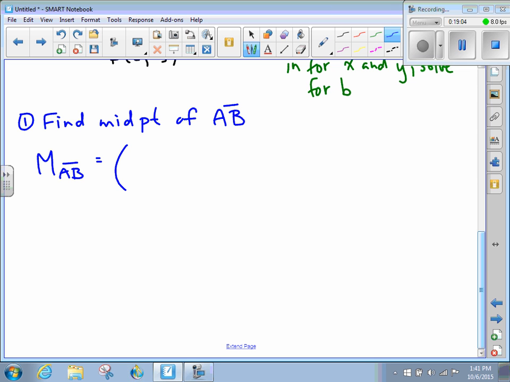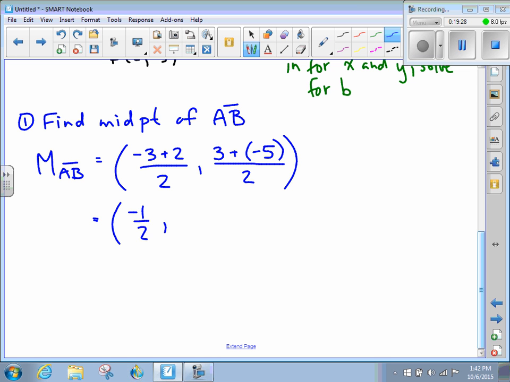So x1 plus x2 divided by 2, y1 plus y2 divided by 2. So negative 3 plus 2 is negative 1 over 2.